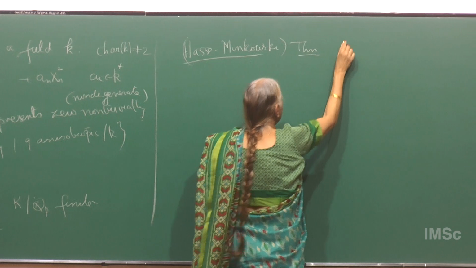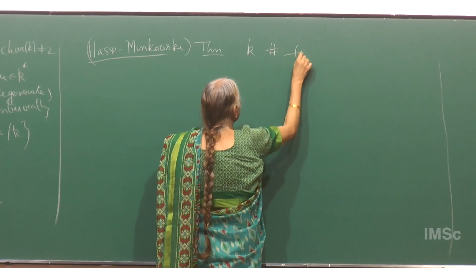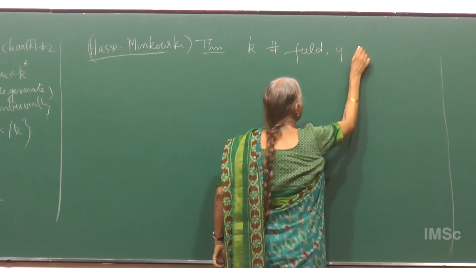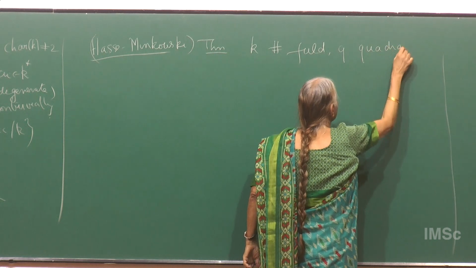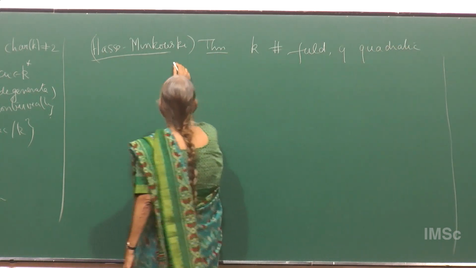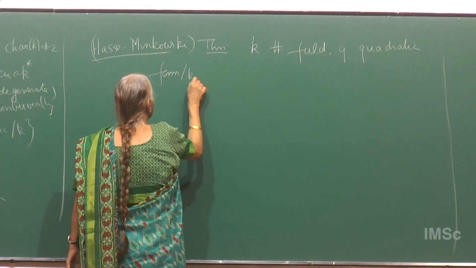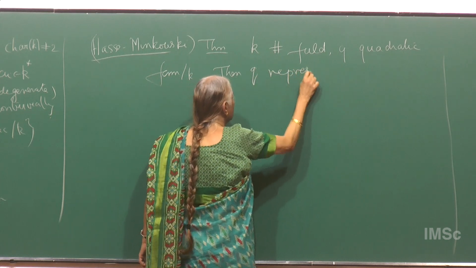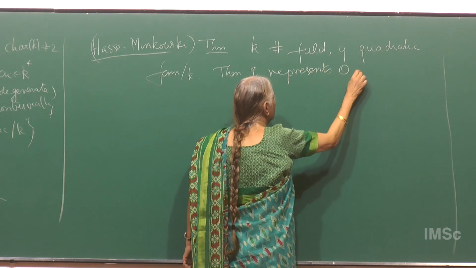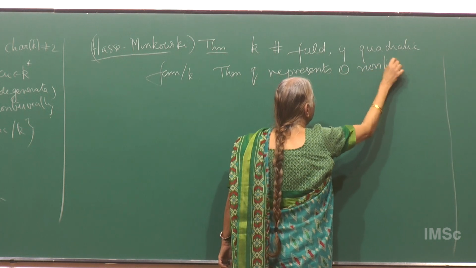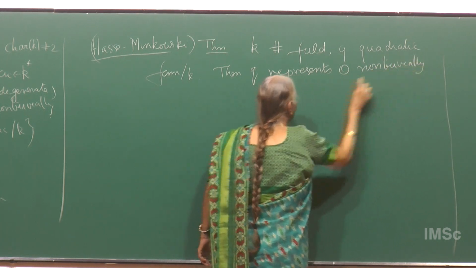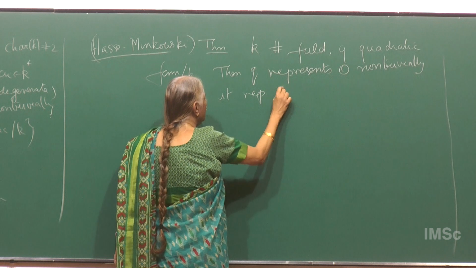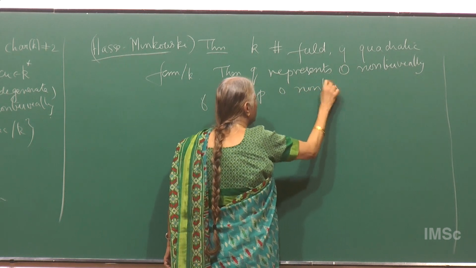states that K is a number field and Q is a quadratic form over K. Then Q represents 0 non-trivially if it represents 0 non-trivially locally at all completions.